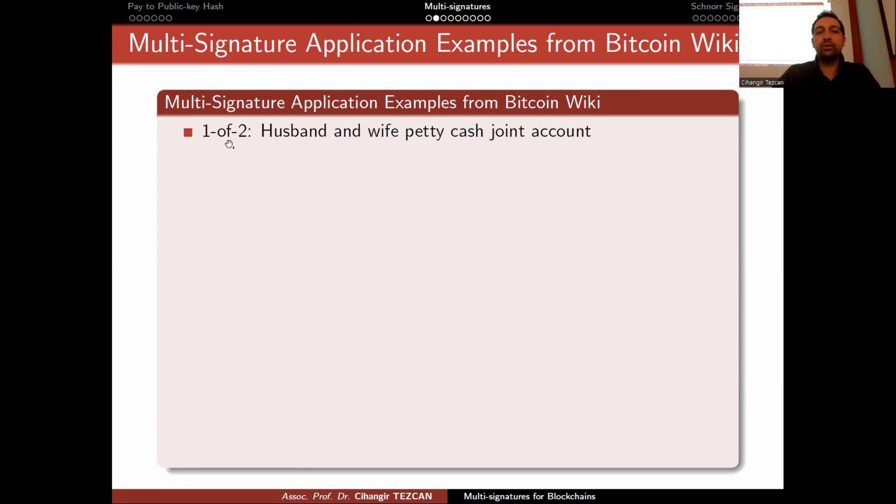So in this 1 of 2, the account actually belongs to two people. In this example, the husband and wife have a petty cash joint account. Both of them have their public keys, which are involved in the transactions paid to them. But since this is 1 of 2, any of them can spend with their own private key.